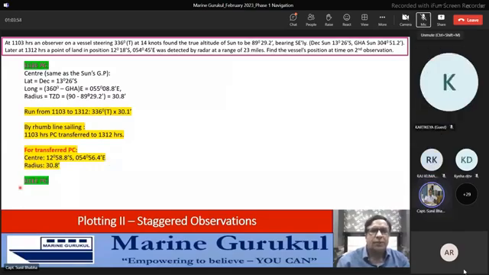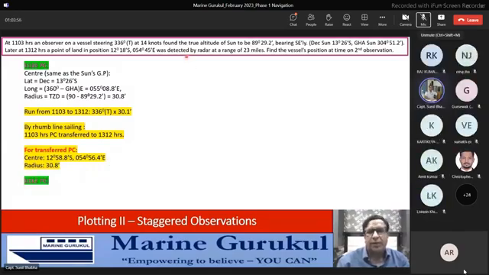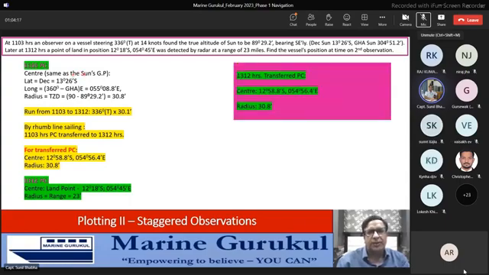Now 13:12 PC, which is by radar range, will have its center as the point on land, whose lat and long is given in the question, and the radius shall be 23 miles. Now, having transferred the center of the first PC, now we can draw two position circles for the same time. One position circle shall be the transferred position circle.